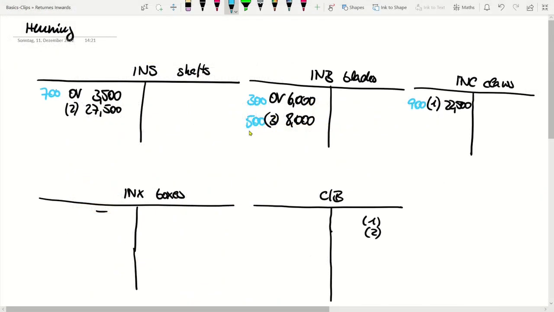The number is 600. We multiply 600 by 16.25. That gives me 9,750. We record the contra entries in cash bank.